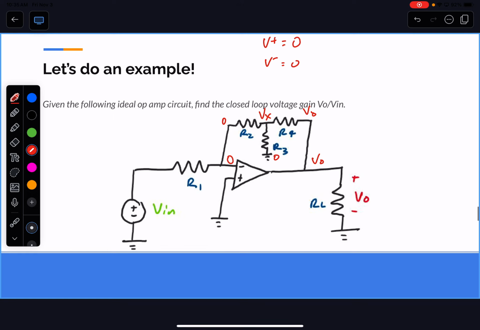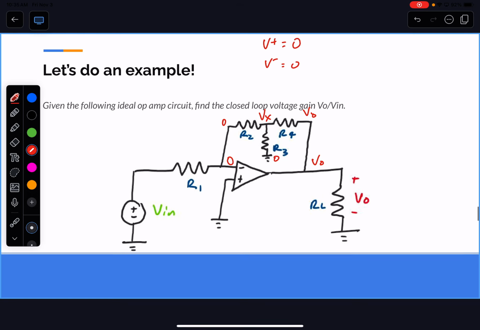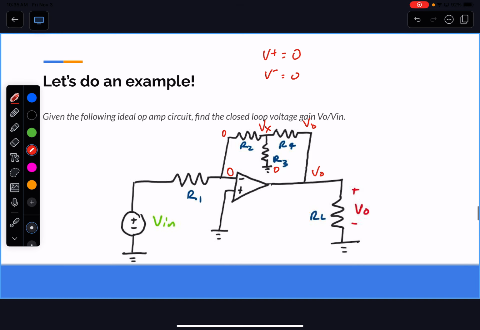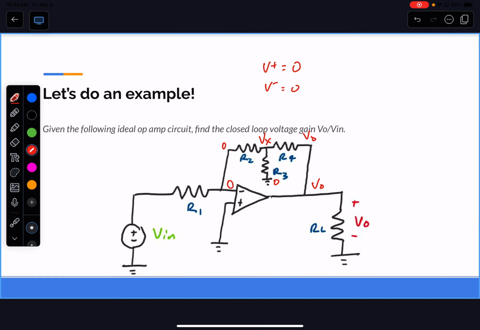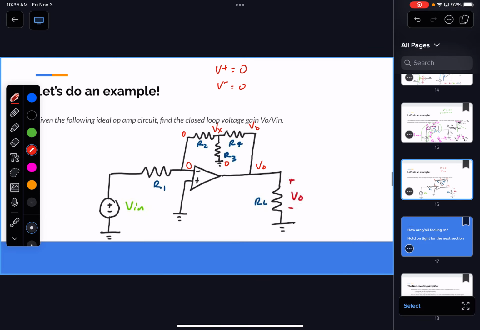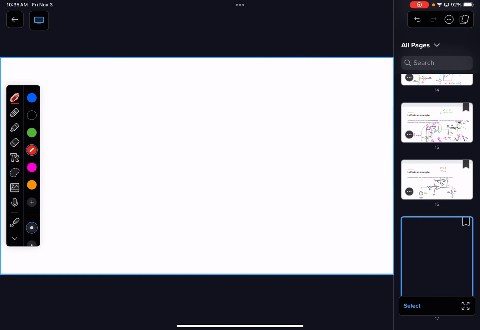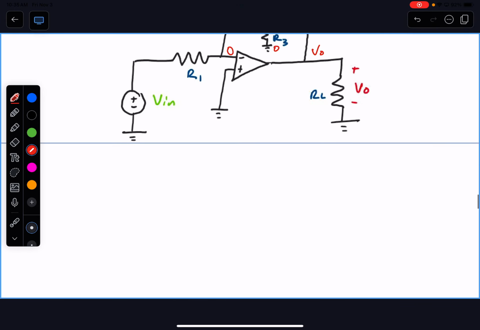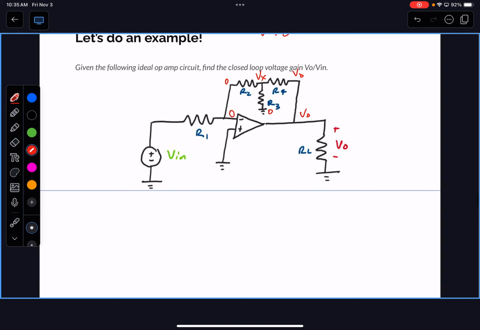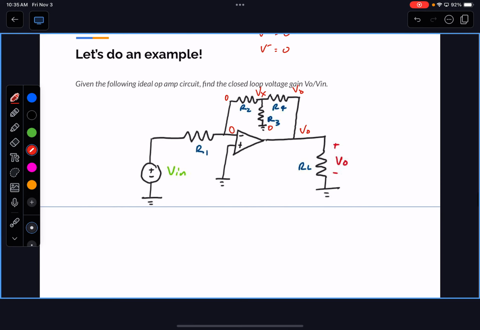Okay. So now we're looking for yet again our V out over V in, and let me make a new page actually. So we're still again looking for V out over V in. So your couple equation we can have V in.